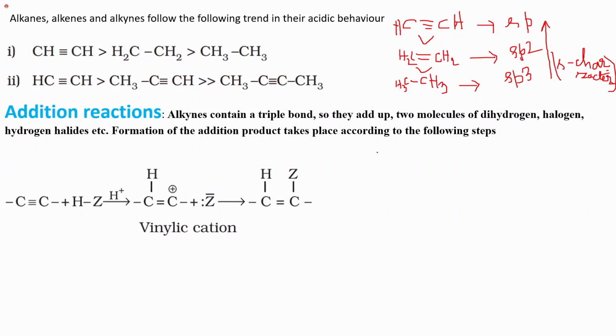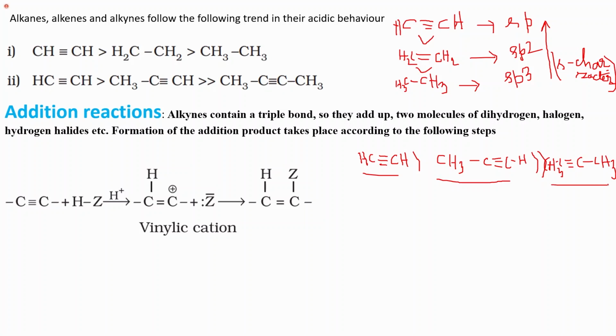If we compare the first three molecules of the alkyne family, one is acetylene, HC≡CH. Then in the next, one of the hydrogens is replaced by a methyl group, giving 1-propyne. Then we have one where there are two CH3 groups on the alkyne.